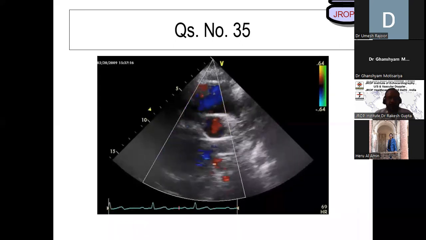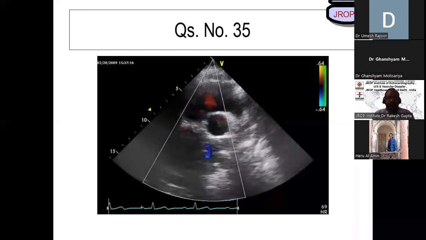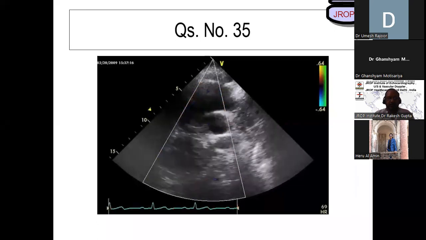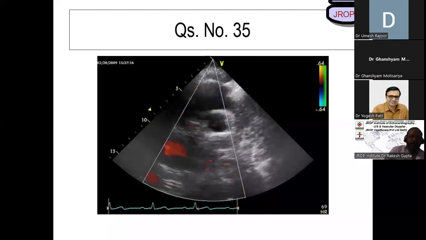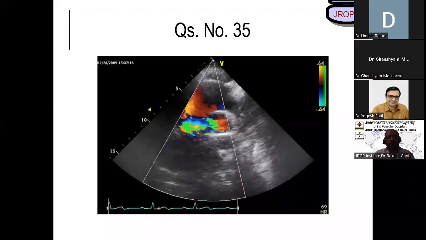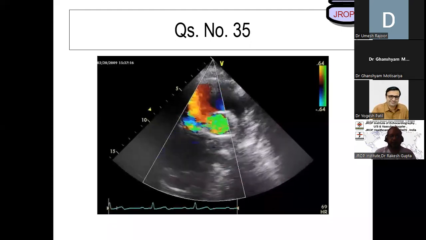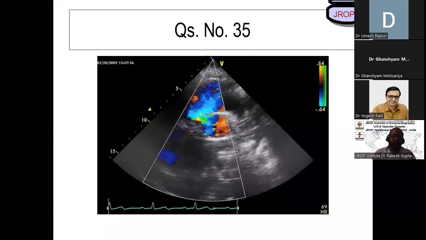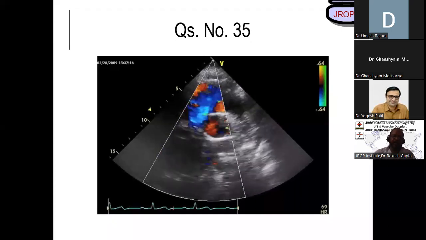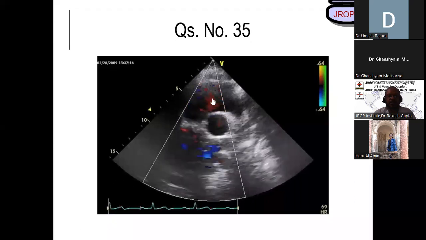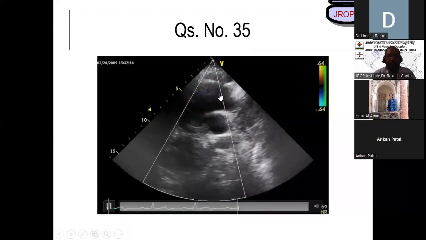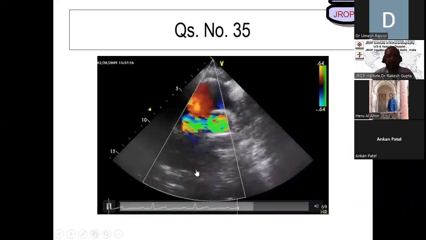Sir, this is the parasternal short axis view at the level of the great vessels. There is a defect at the 10 o'clock position, a VSD, most likely perimembranous VSD. Perfect. This is perimembranous VSD. This is the parasternal short axis view at the aorta. This is a very poor picture, but you could still identify it.